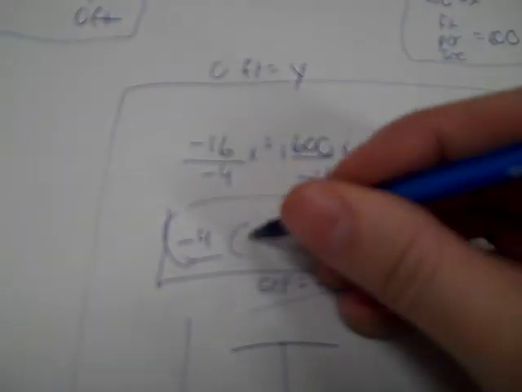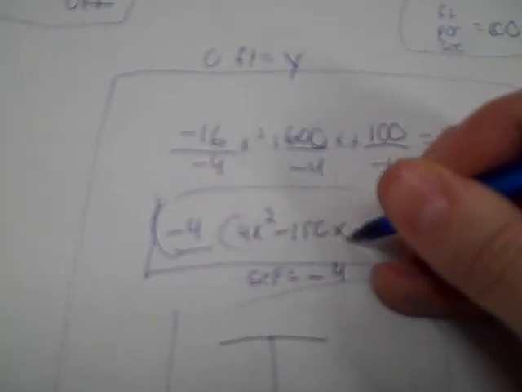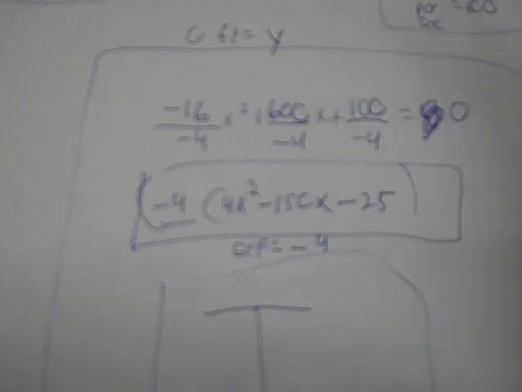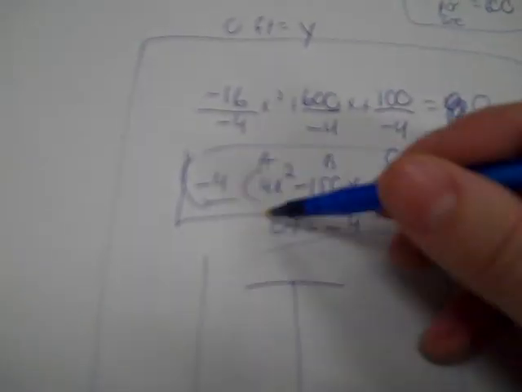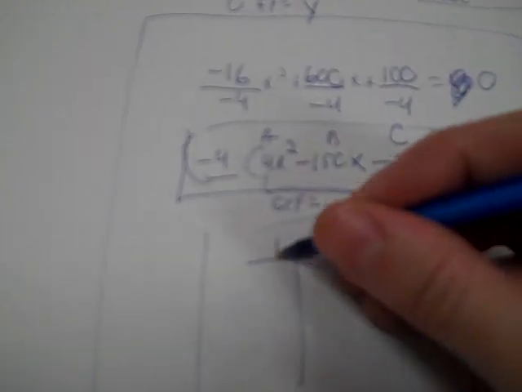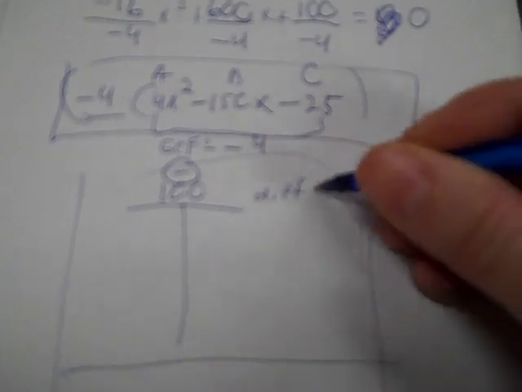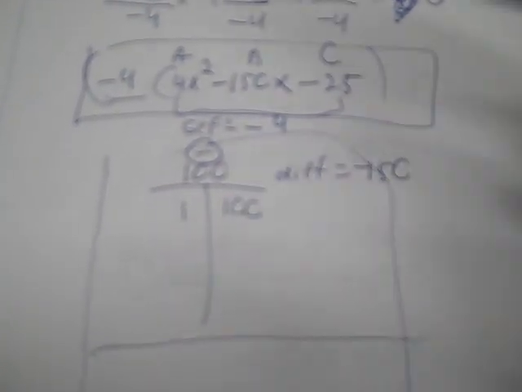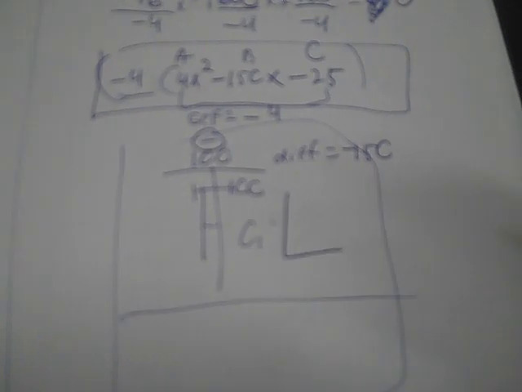So it's going to give me positive 4x squared minus 150x minus 25. Okay, 4 times negative 25 is negative 100, so that'd be a difference of 150. Problem is, you start at 1 and 100. Well, that's a difference of 99. That's already failed. You're too small. You're not going to get any bigger with the difference.